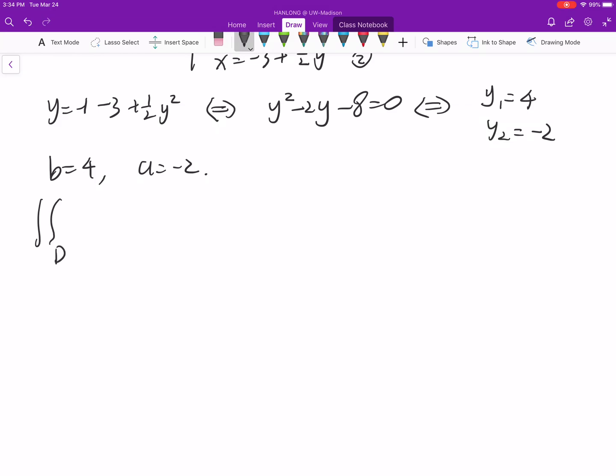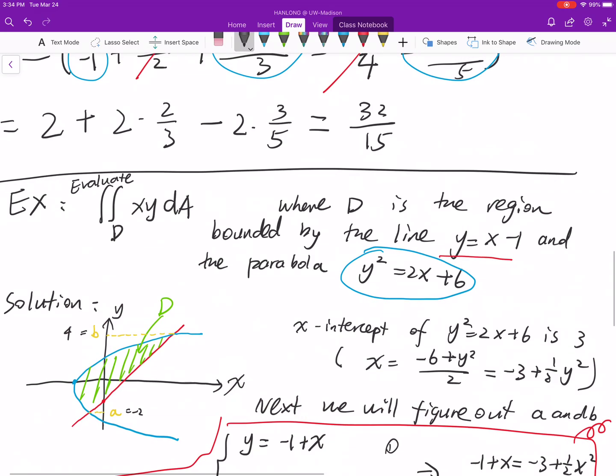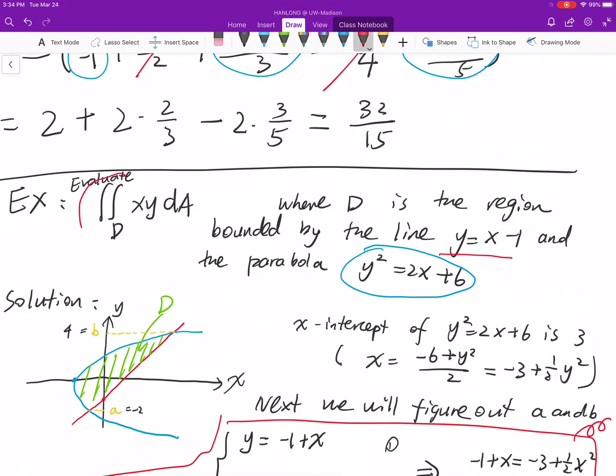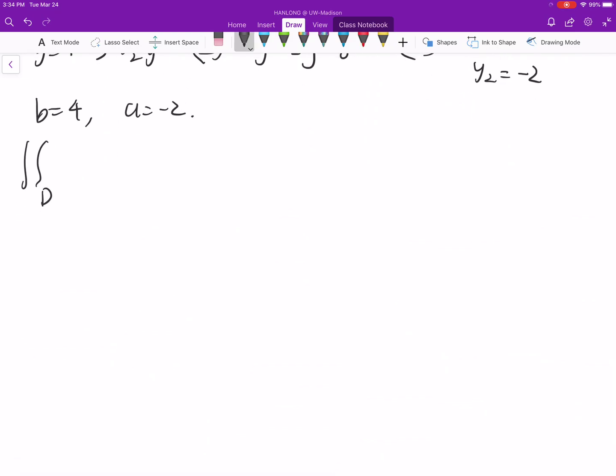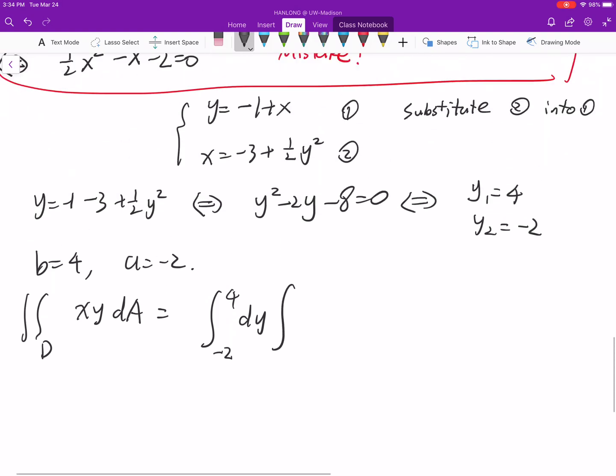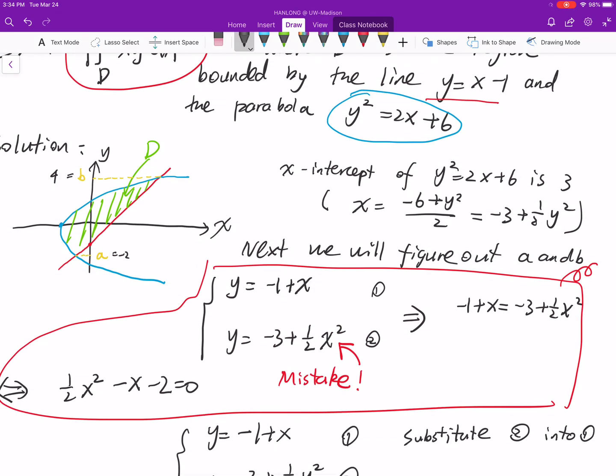Therefore, we can represent our double integral as iterated integrals as follows. The double integral of xy dA equals y from -2 to 4, and the x is between two curves.